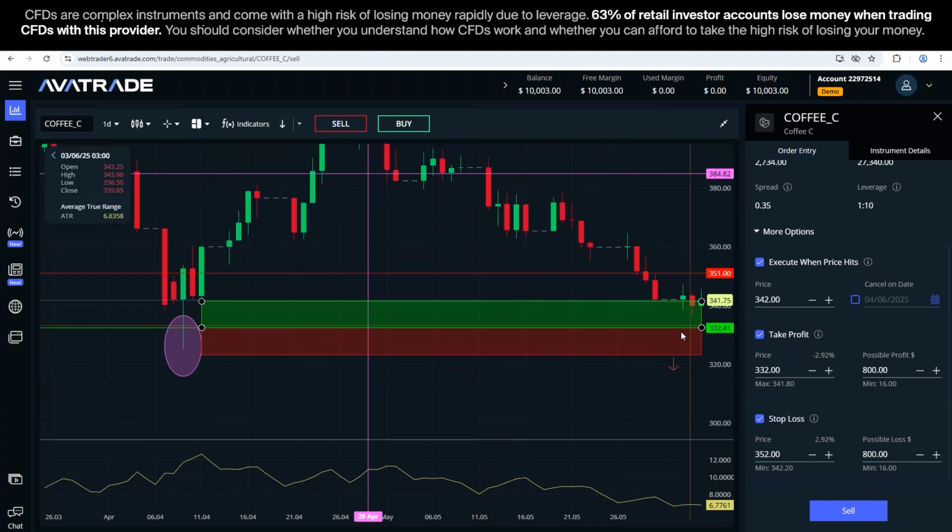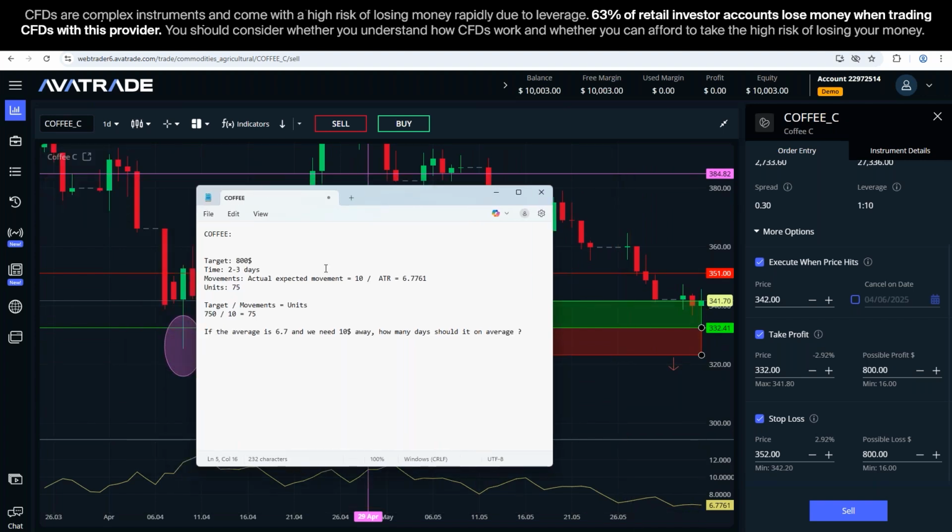How did you get 2 to 3 days? Well, guys, the 2 to 3 days is a result of an approximation of the average movement versus the price we were expecting, which is $10 away.